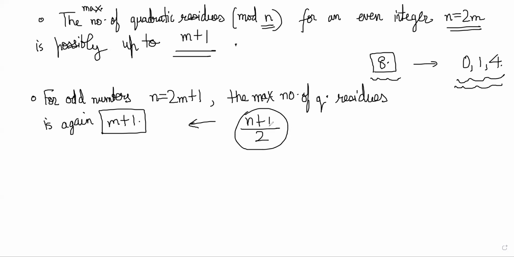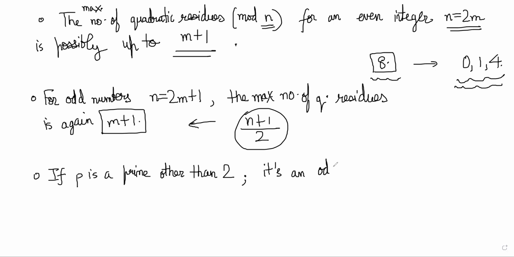This is the maximum number of quadratic residues for an odd number. And one more point that I would like to make is if P is a prime, other than 2, right? In that case, it is basically an odd prime.